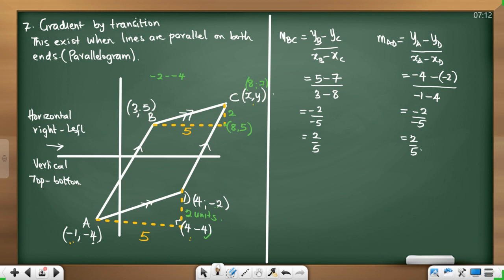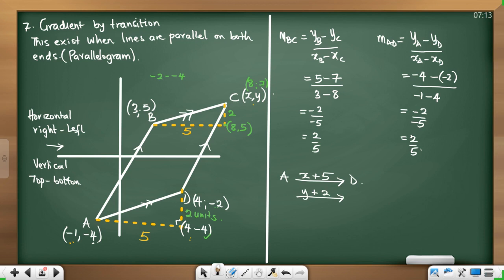So this is what I'm going to say. For D, or from A to D, it is going to be X plus 5 units. So it's X plus the shift. And that gives me my X. And for the Y, it's going to be what? Y plus what? 2 units.